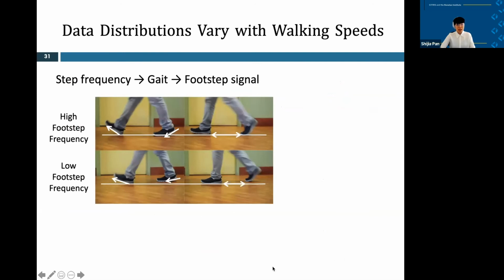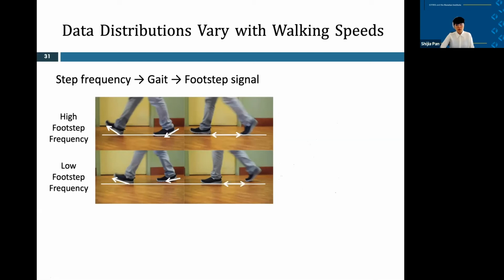We can see that when the person walks at a higher footstep frequency, the strike angle of the heel strike is higher than when the same person walks at a lower footstep frequency. In addition, other gait parameters, such as stride length, also vary when people walk at a different frequency.